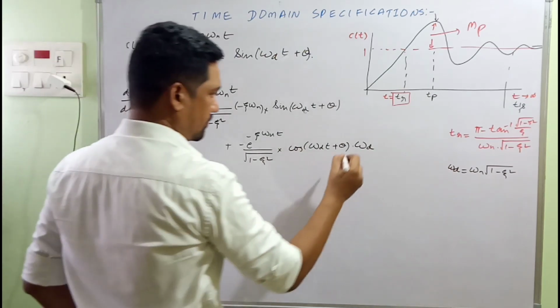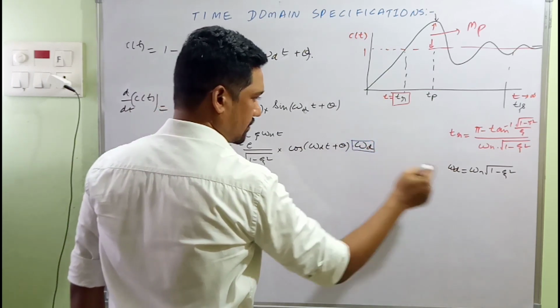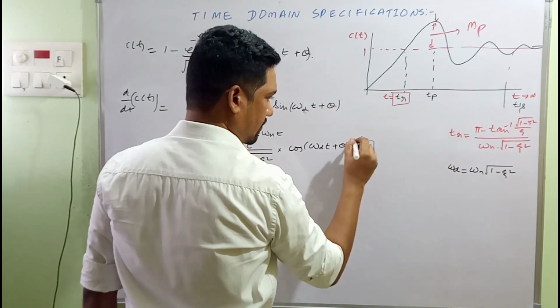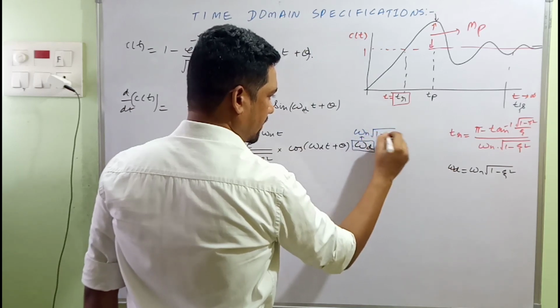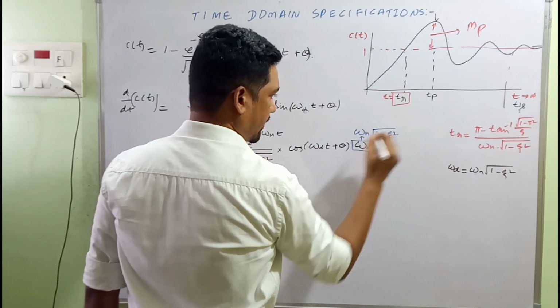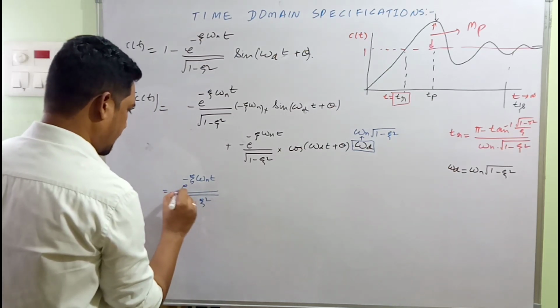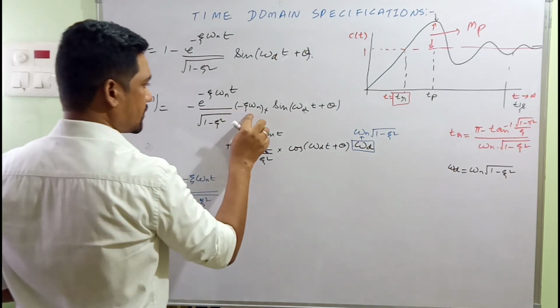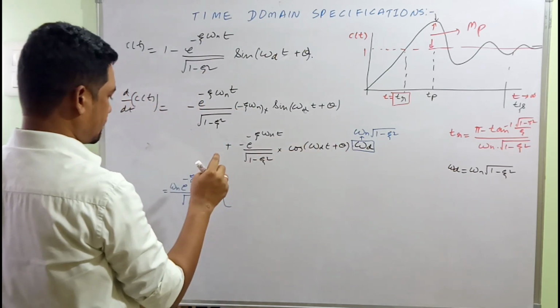A small transition over here: this omega d could be substituted with omega n into under root 1 minus zeta square. So in that case, omega n also can be taken out as common from this and this.